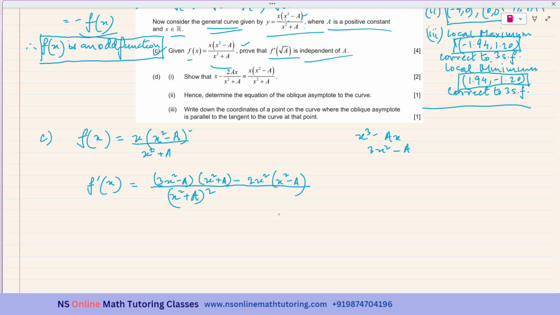Okay, so now we have to get the expression in terms of a for f prime of root a, square root of a.